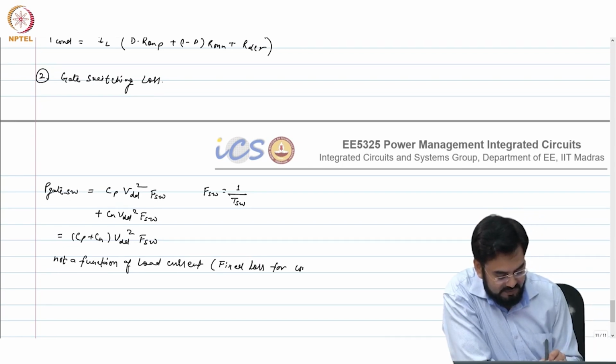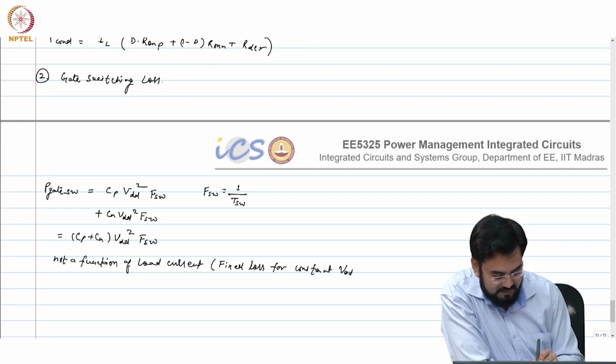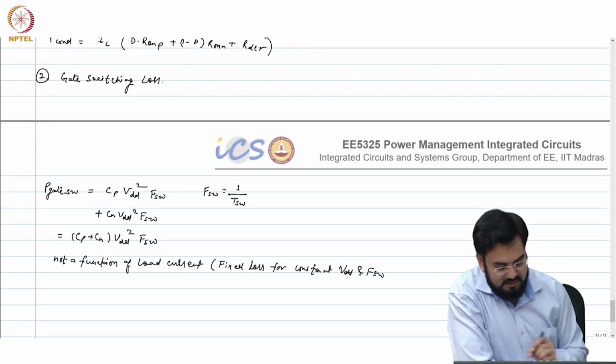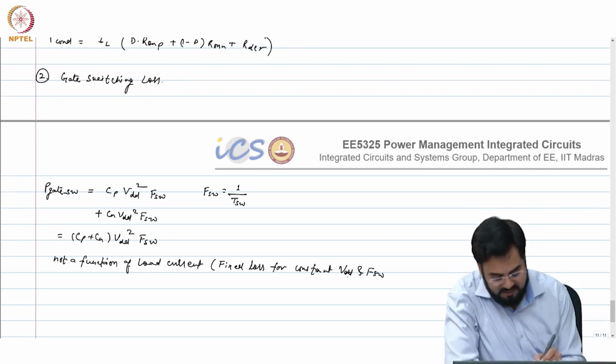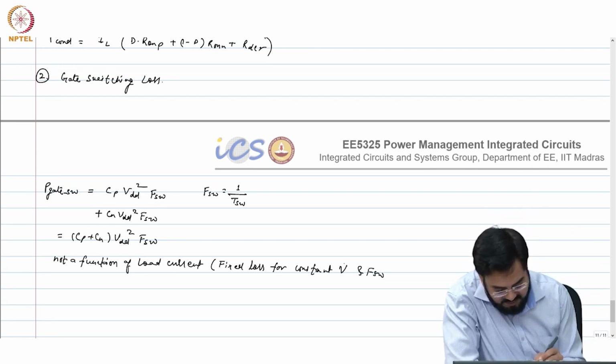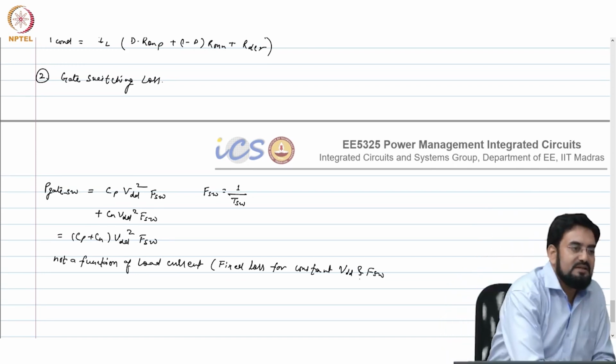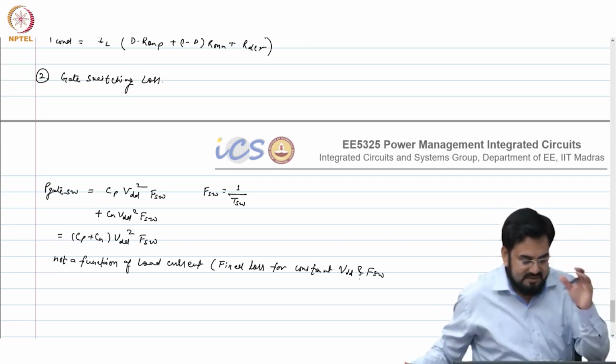For constant VDD and FSW. Okay. So if your FSW and supply voltage are not changing, then this loss will remain fixed. So let's take an example.